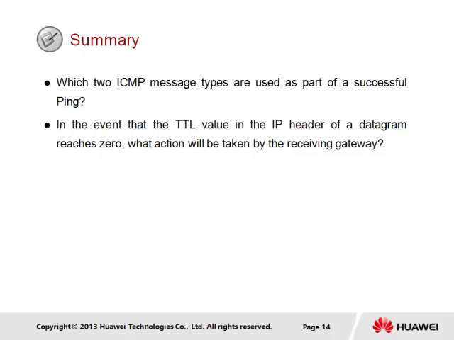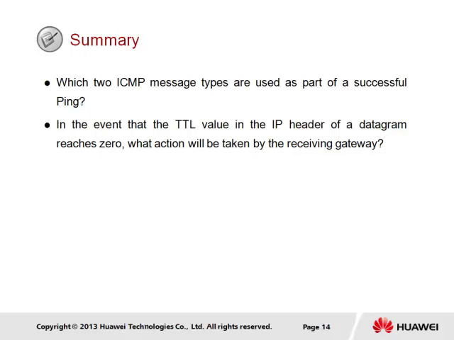In the event that the TTL value of the IP header of a datagram or packet reaches 0, what action will be taken by the receiving gateway? Well, if a gateway device receives a packet, it must firstly decrement the value of the TTL field before proceeding to forward the packet.